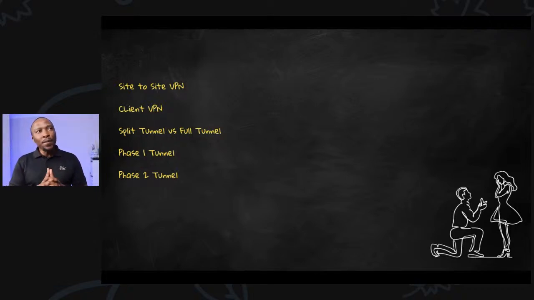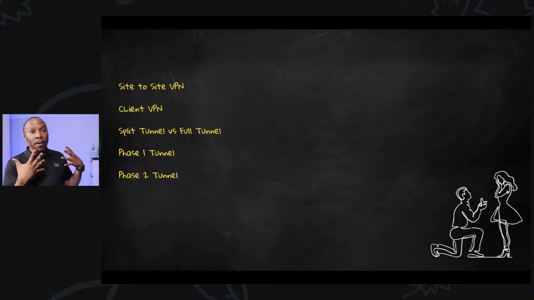VPNs have not been as popular as they have been in the last year or two. Prior to COVID, working from home was a very good concept, but was one that was not fully deployed. But when COVID came, people were forced to work from home because they could not work from the offices.